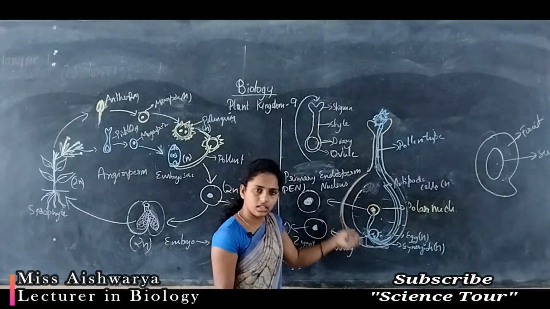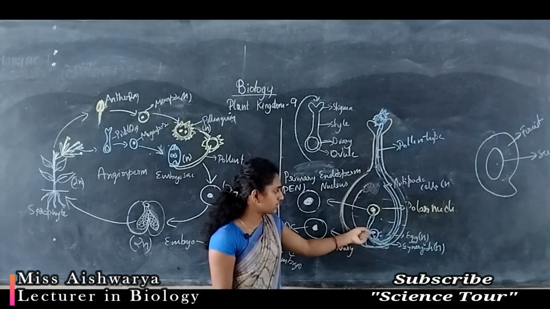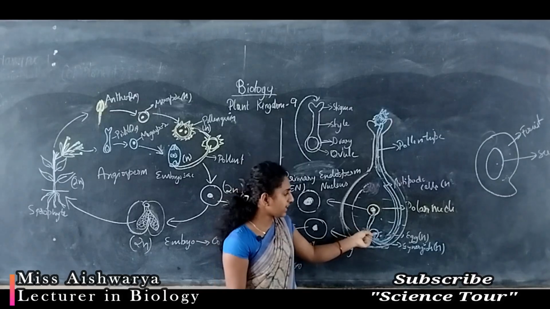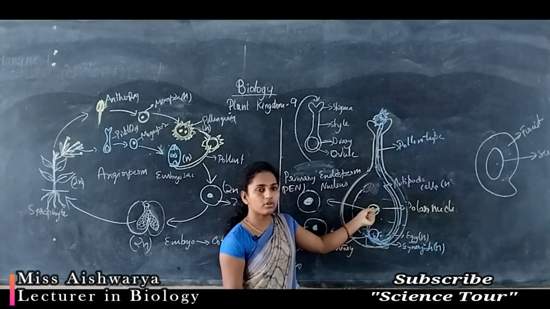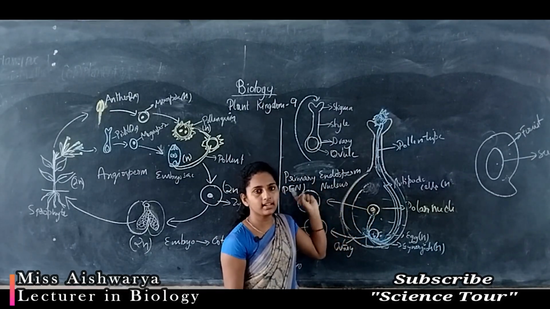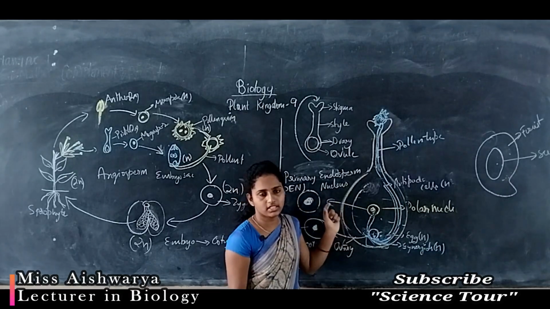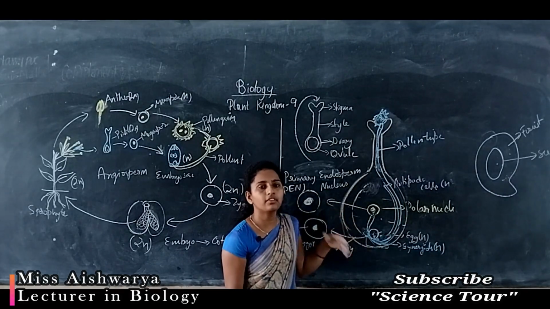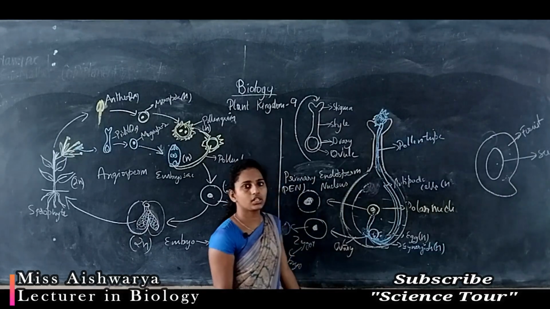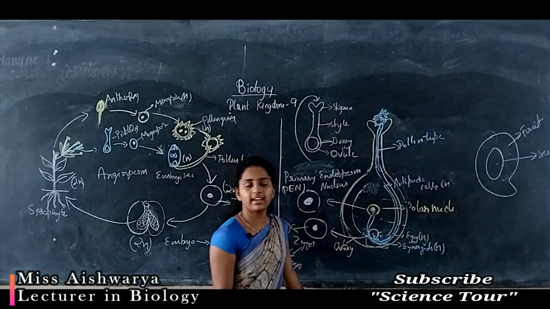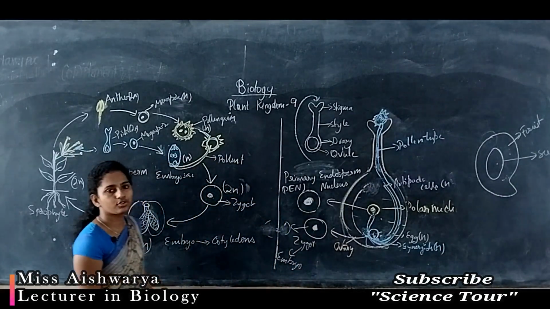Only the fertilized egg and fertilized polar nuclei will remain, and later after fusion, syngamy, they convert into the next stage. This is the life cycle and the important points of the angiosperms.